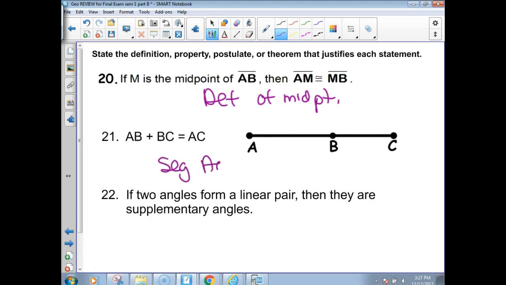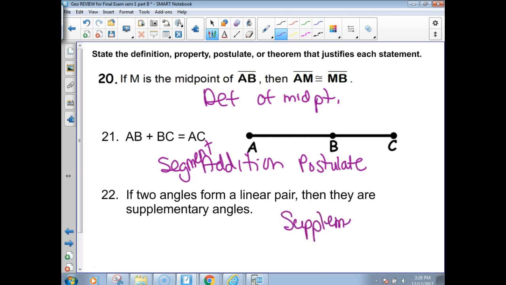Segment addition postulate. And then if 2 angles form a linear pair, then they're supplementary. That was the supplement theorem. Or just supplement theorem, okay?